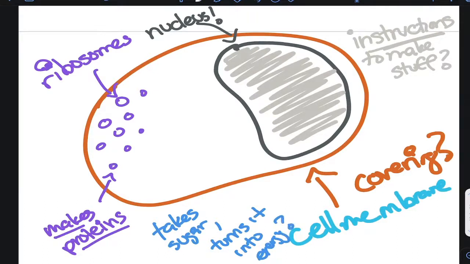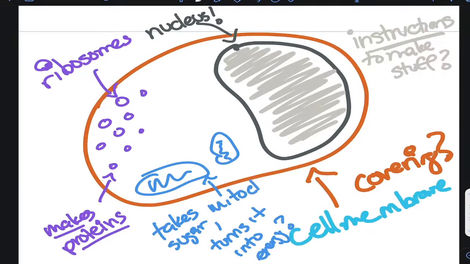And hopefully you said these little bean-shaped things with squiggly lines inside called mitochondria. And remember, I was fine with you just saying mito for now.